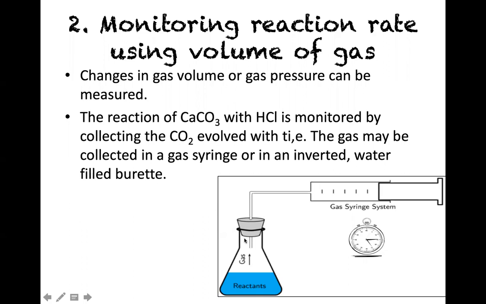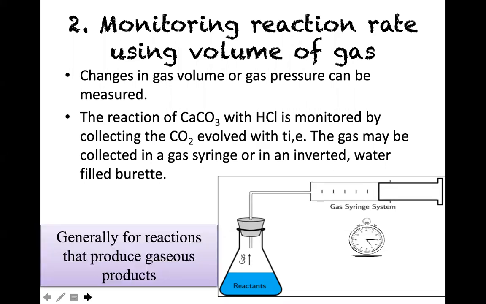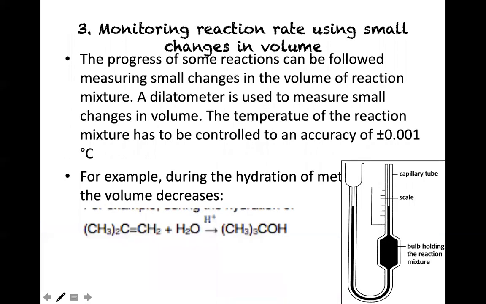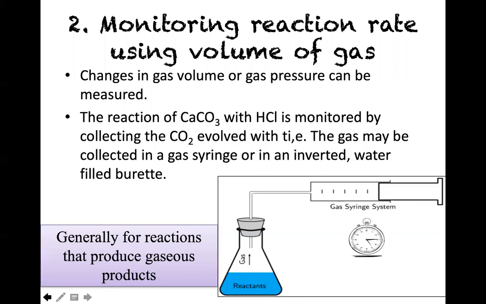The gas may be collected in a gas syringe or an inverted water-filled burette or a measuring cylinder. This is again generally for reactions that produce gaseous products. Okay, that's quite straightforward as well, right?